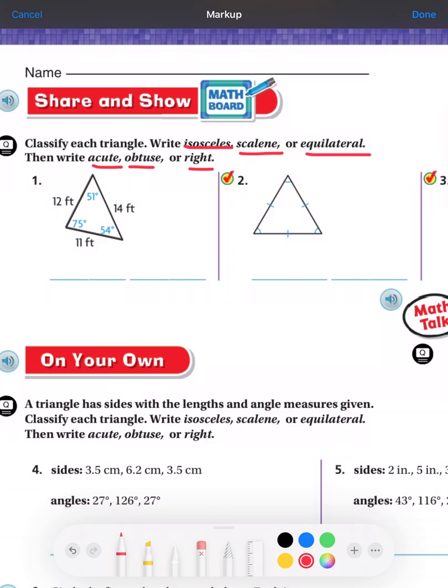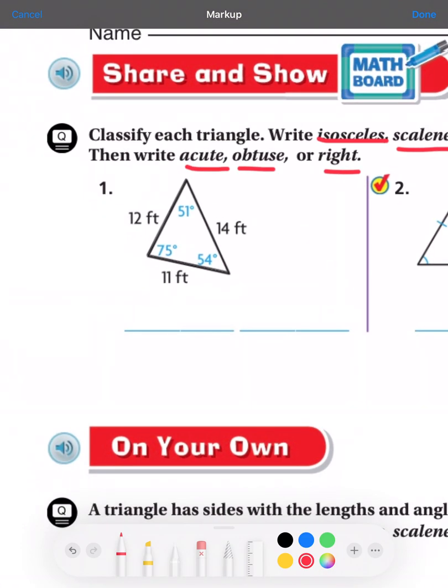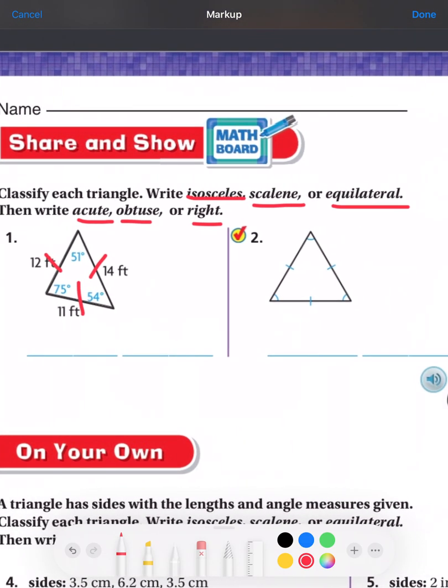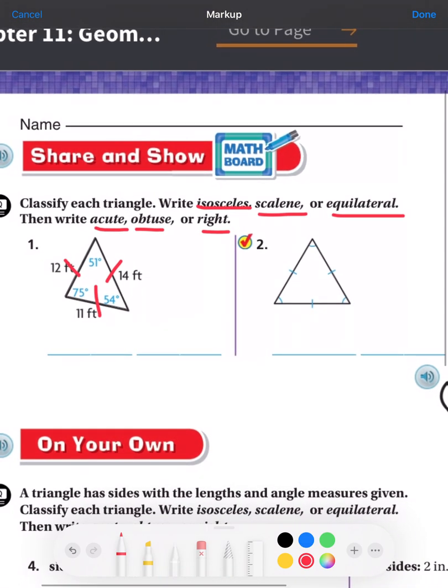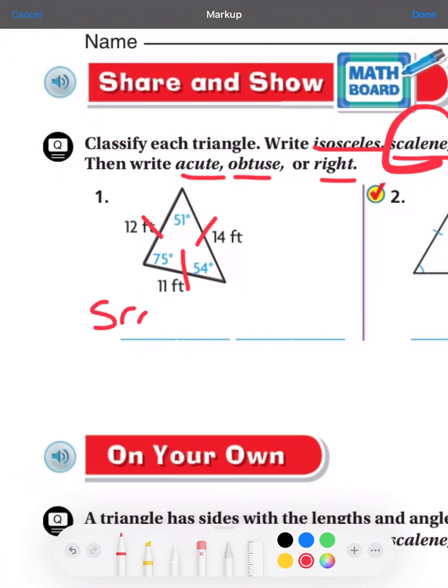All right. Let's look at this one. Number one example. I got a 12-foot side, a 14-foot side, and an 11-foot side. So when we're thinking about the classification of it with length, I would dare say it's scalene because they're all three different lengths. So this guy is a scalene triangle.